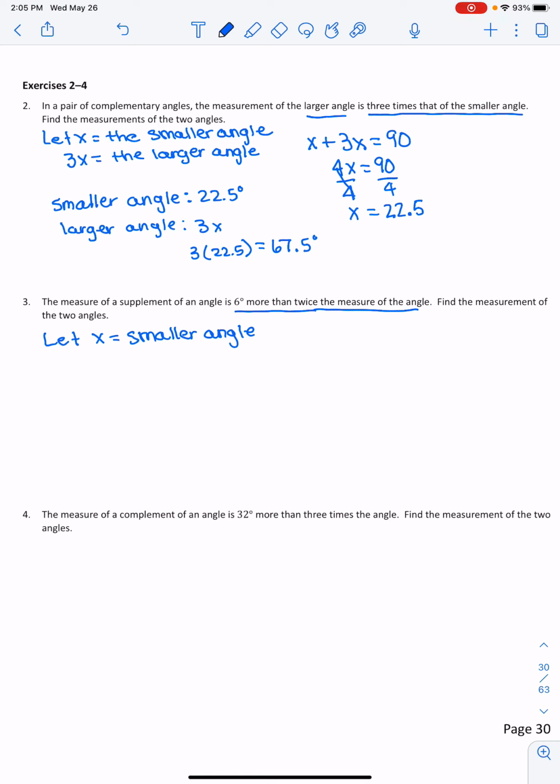Twice means 2 times that angle. And 6 more than means to add. So if you think about that, it means 6 plus 2 times that angle, so 2 times x. But remember, more than means we need to switch them. So in this case, 2x plus 6 is going to be our larger angle.